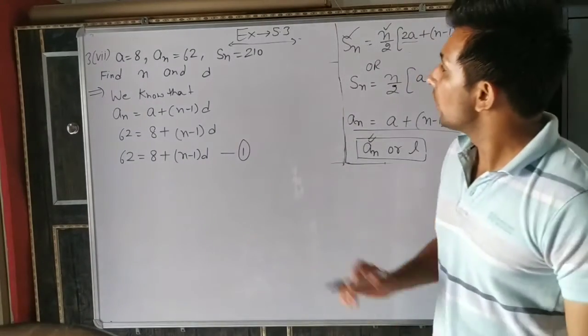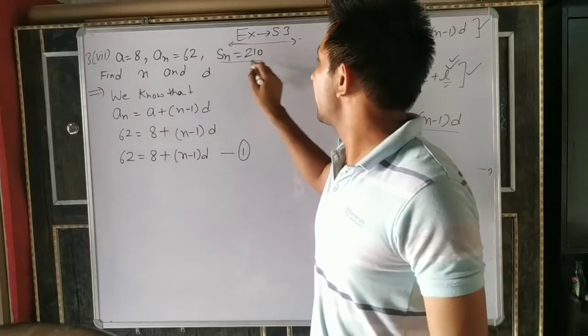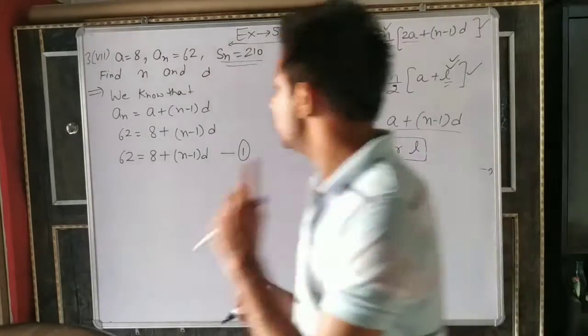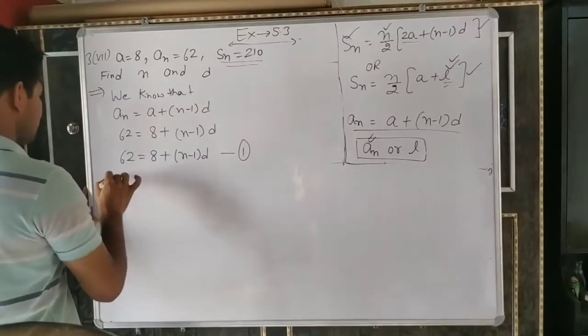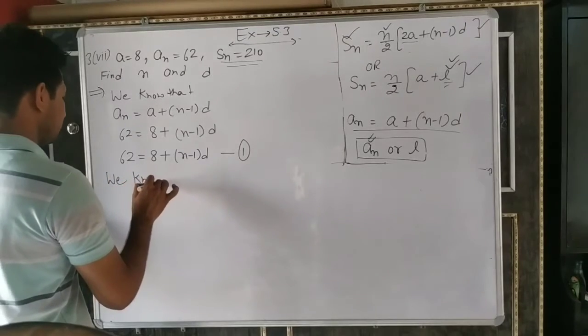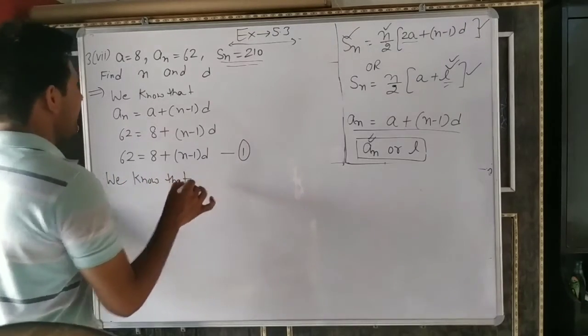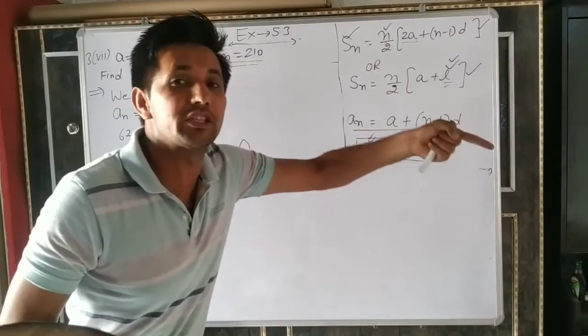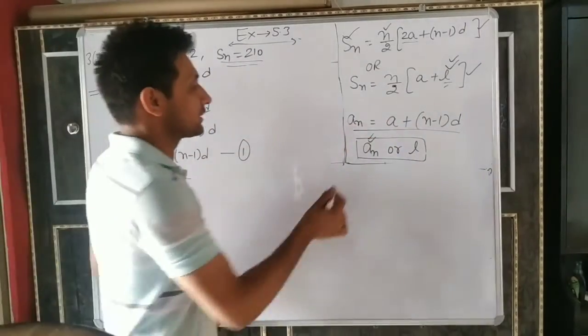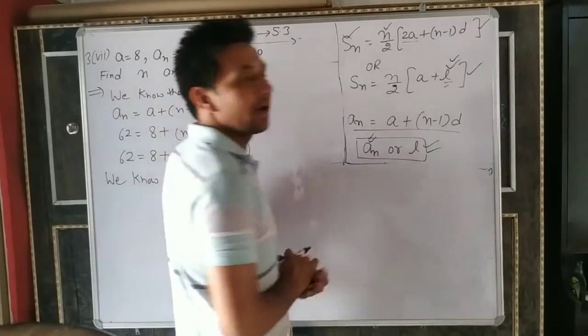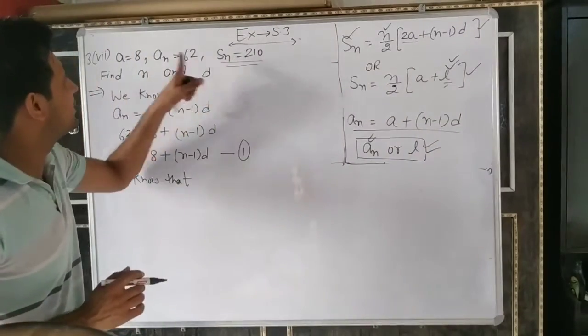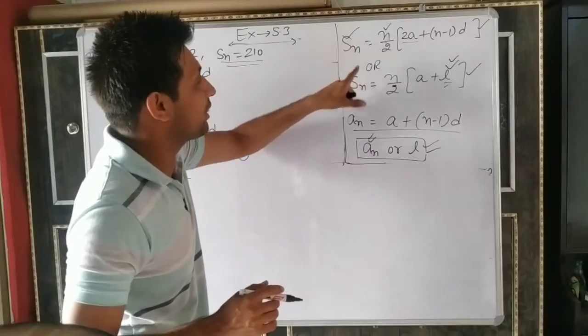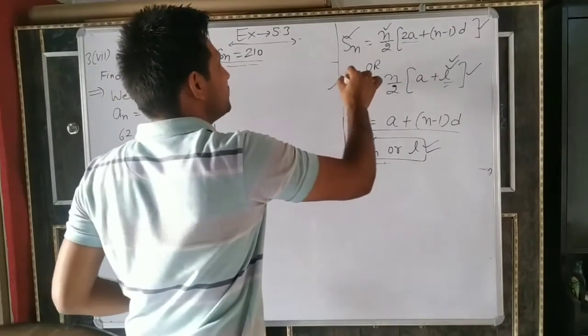Now dear, we will observe that here Sn is also given. So we will use the Sn formula. We know that an equal to 62. It means the nth term is 62. Nth term means last term. an and l are the same. So Sn is given, l is also given. So this formula or this one? It is better we use this formula.